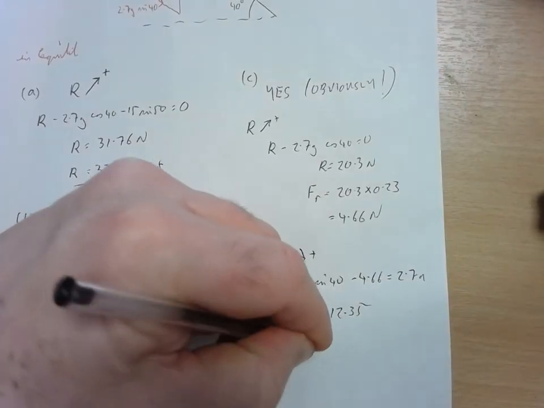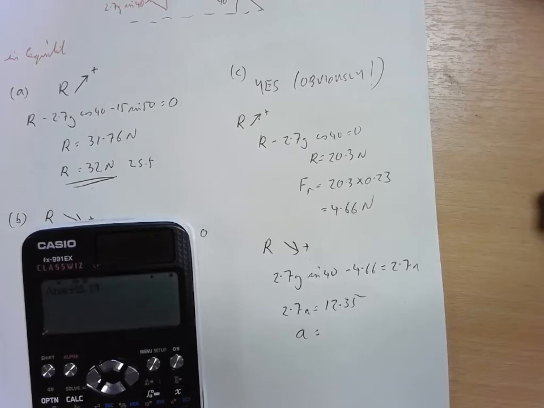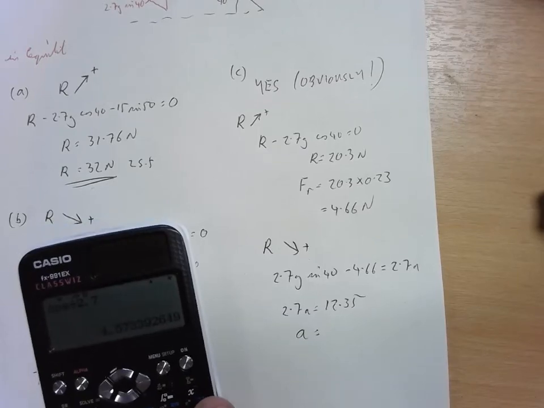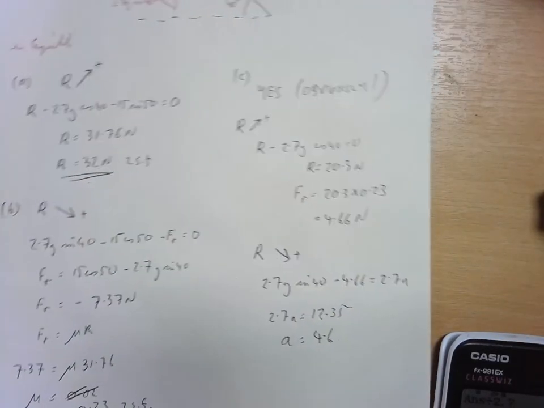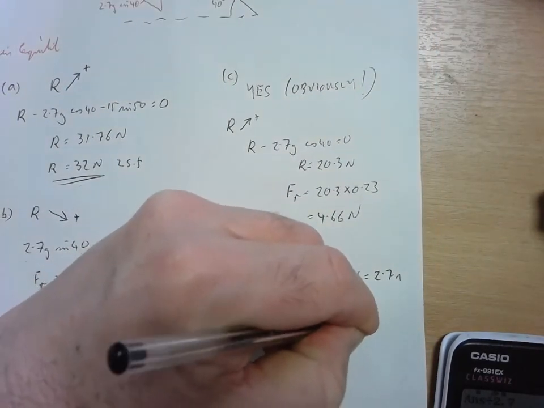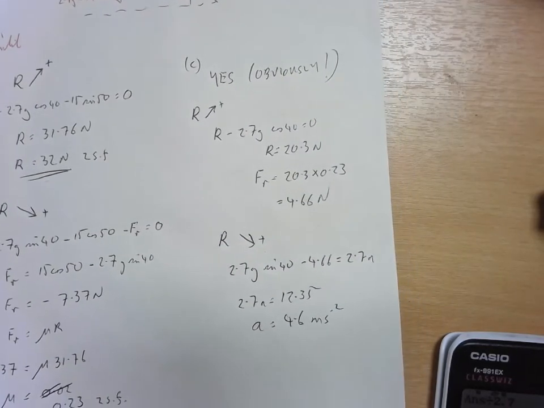And so A equals 12.35 divided by 2.7, which equals 4.6. What I've actually shown now is that it is positive, so it is going to start to slide down the slope with an acceleration of 4.6 meters per second squared.